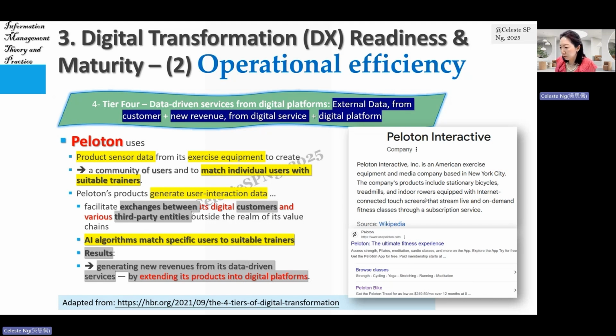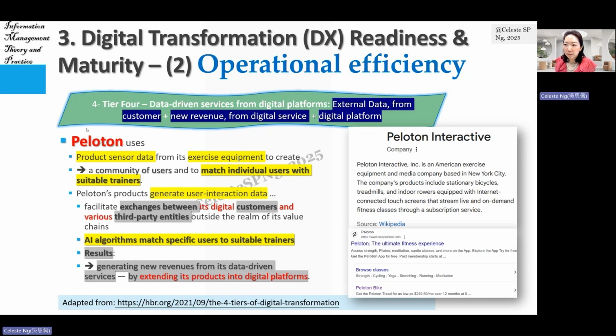And it specializes in selling exercise equipment, providing various workout exercises and programs, for example yoga, cycling, strength, pilates, meditation, cardio classes, and so on.